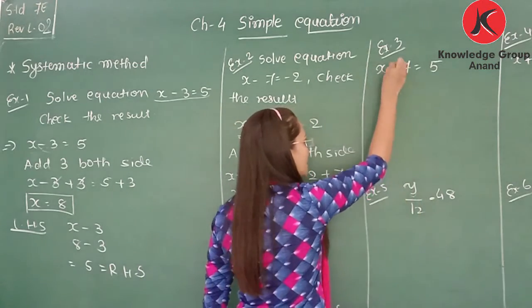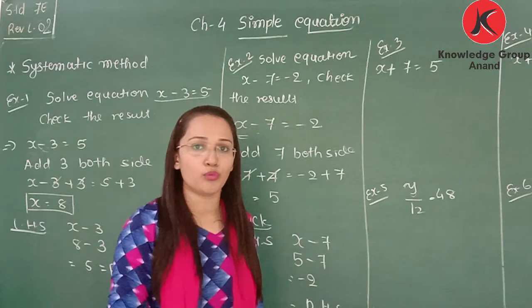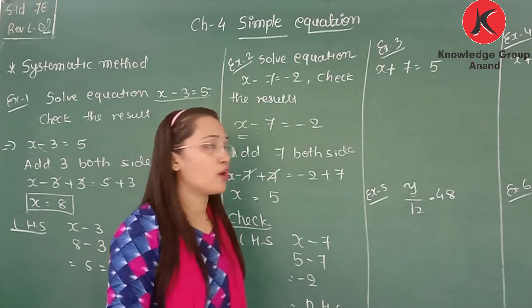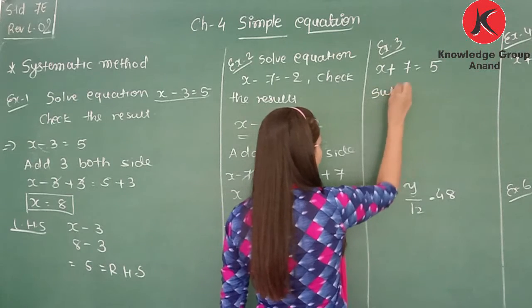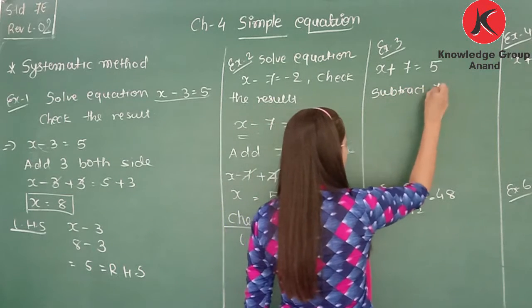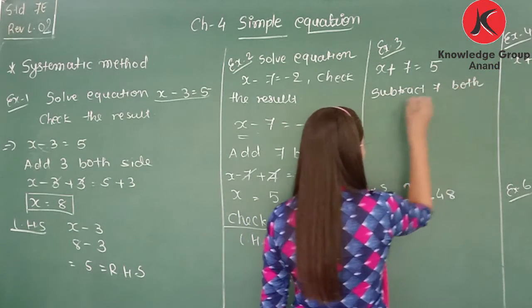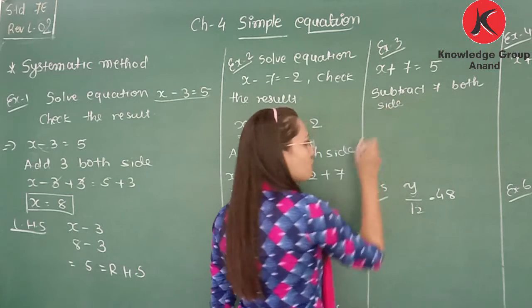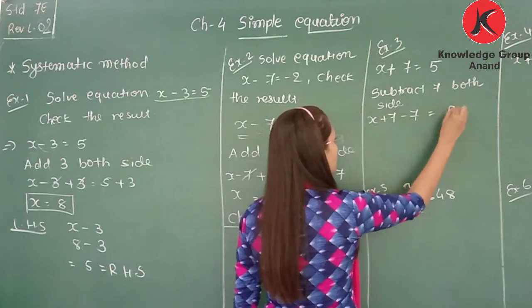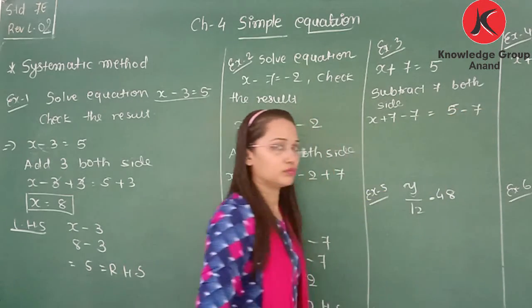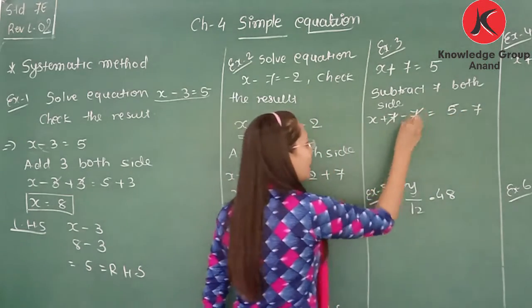So here plus 7 is there. How can we remove it? By subtracting 7 both sides. So we can write subtract 7 both sides. So we have x plus 7 minus 7 is equal to 5 minus 7. Now plus 7 minus 7 cancel.